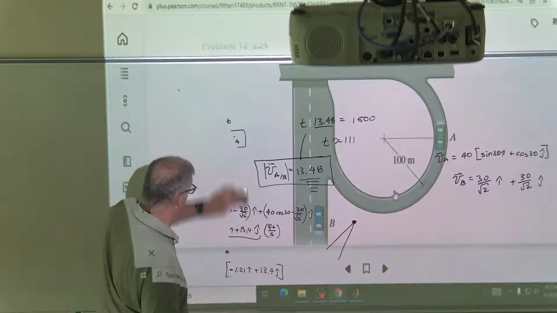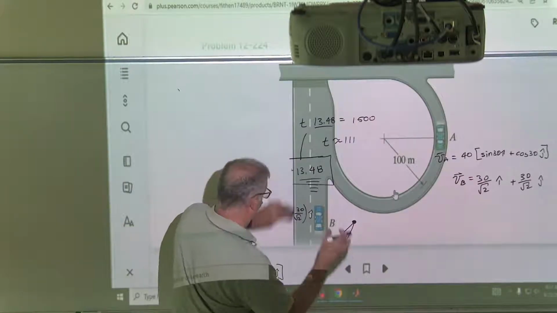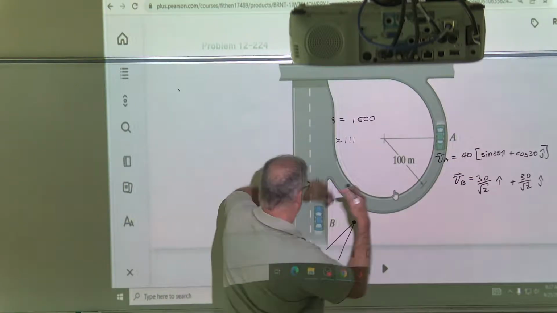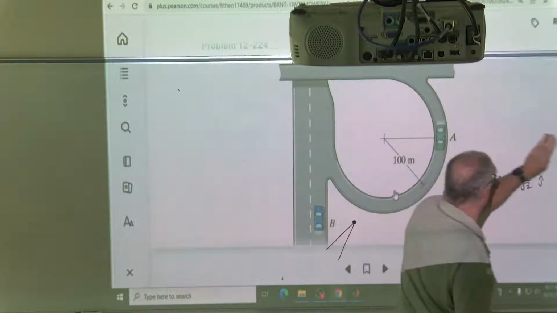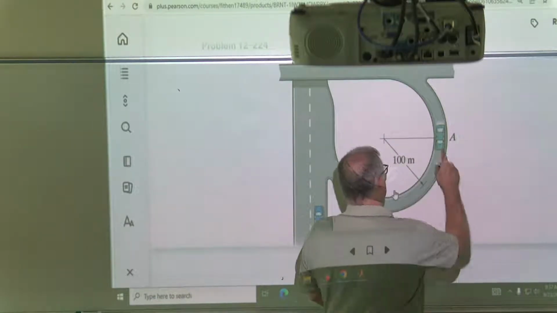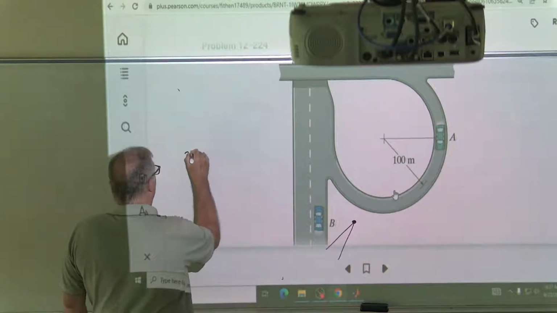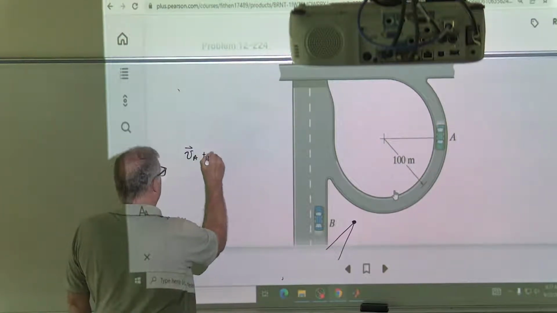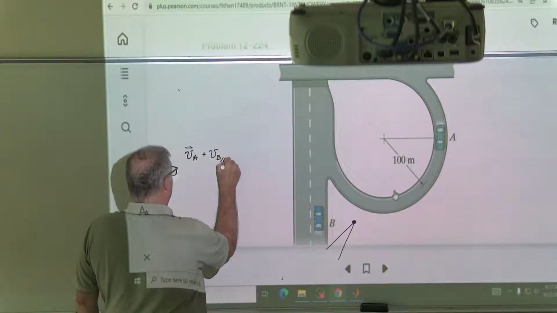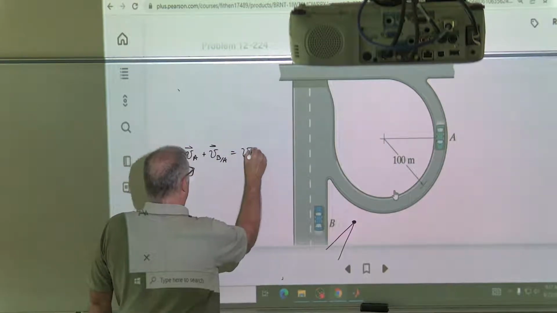All the problems in this section are somehow associated with this section, which has to do with this equation. So there's going to be an A and there's going to be a B. And so velocity A plus velocity of B relative to A is equal to velocity of B.